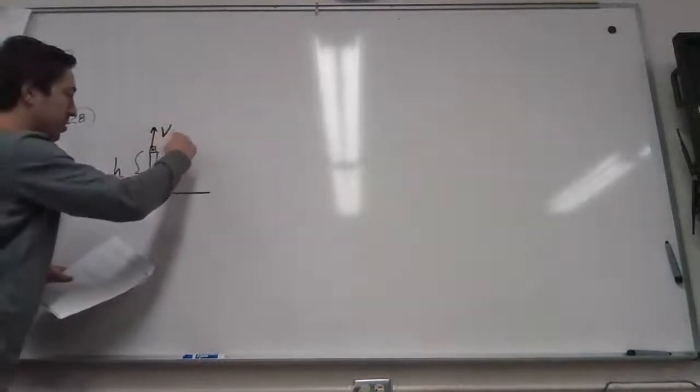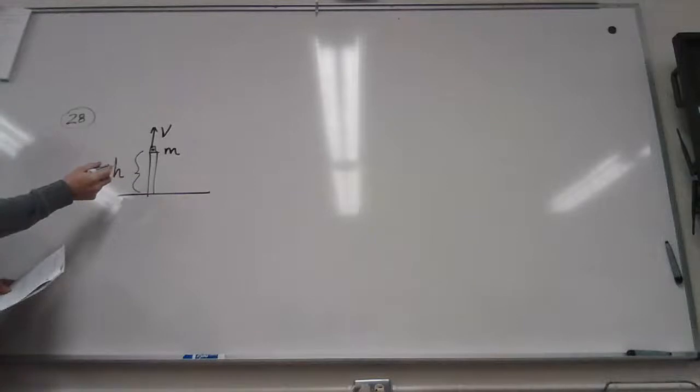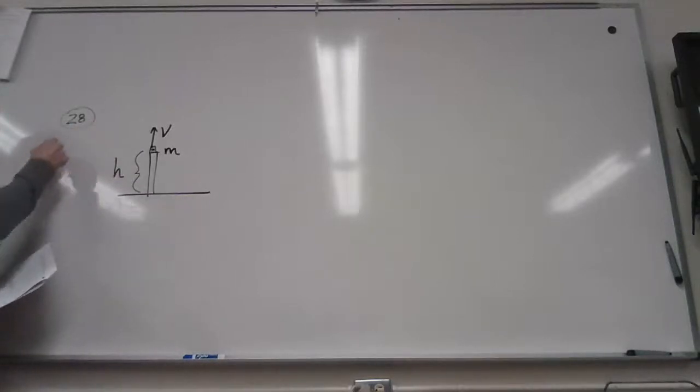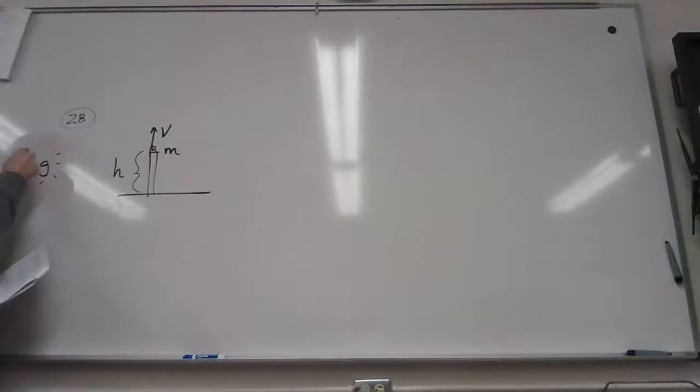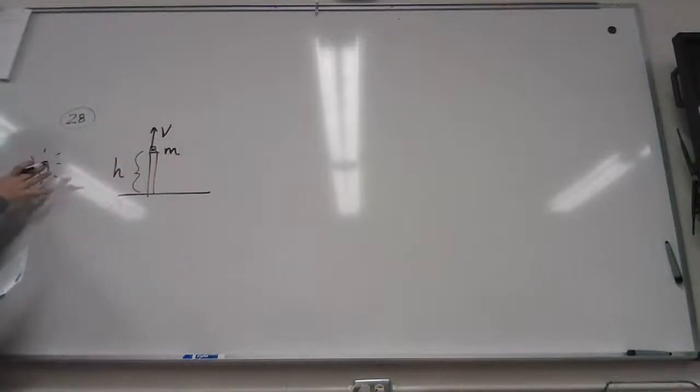Mass is m, of course. What's the other quantity that's going to come into play here? The other symbol, g. I'll put g over here. So our final formula is going to involve these, maybe not every single symbol, because maybe a certain symbol drops out.